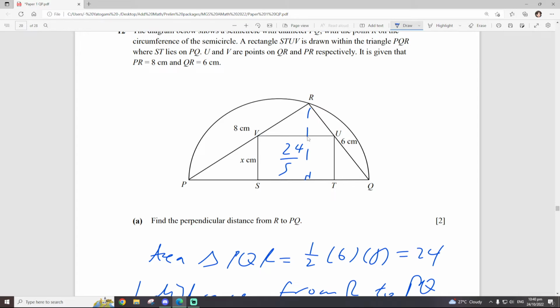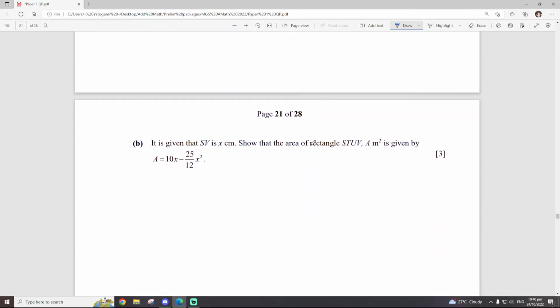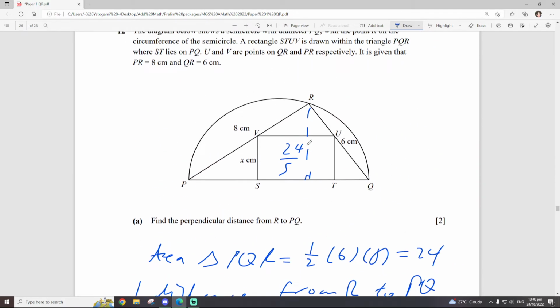Yeah, it's definitely similar triangles. Where does the tan x come into play? Oh wait, I can find perhaps the length of... This is 24 point... Oh no, I can find this PV in terms of x because of the similar triangles.